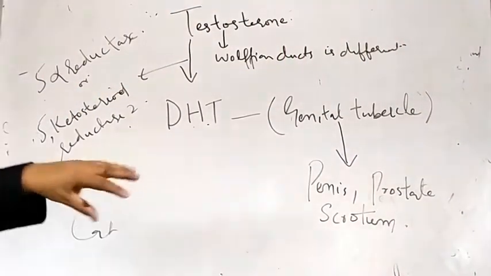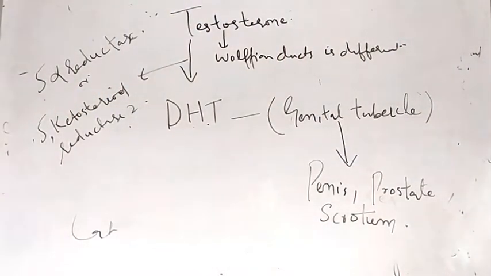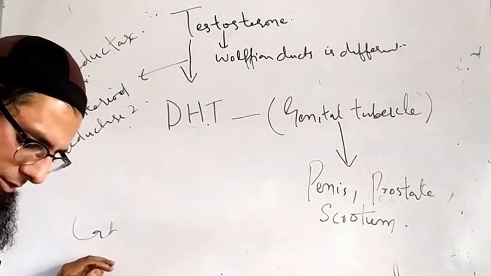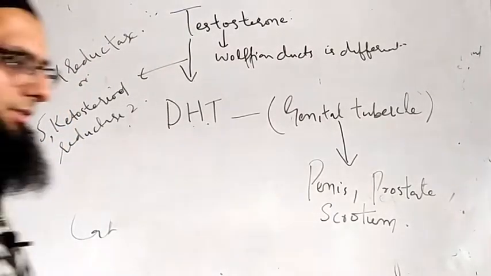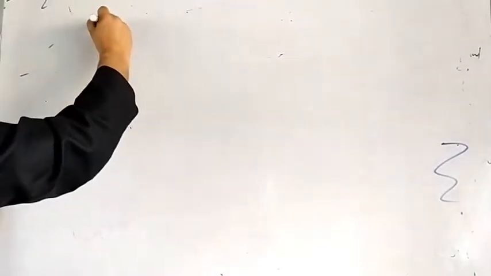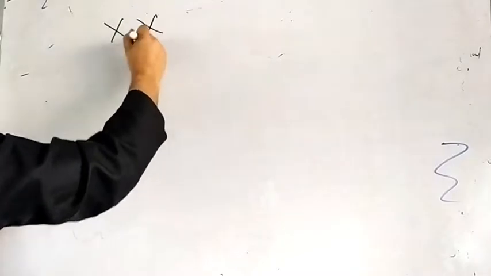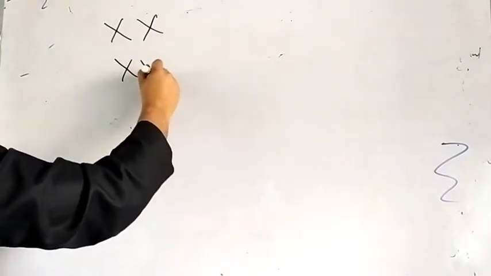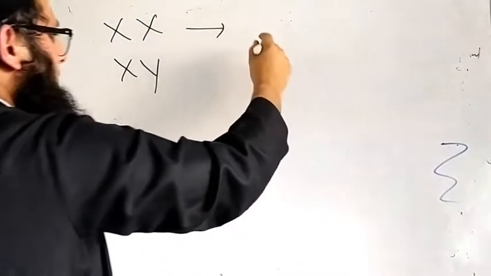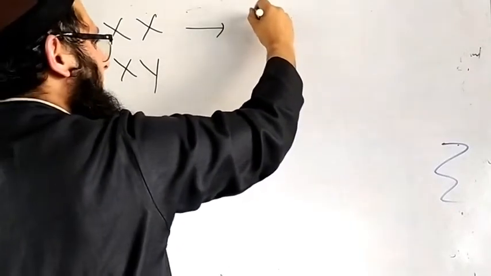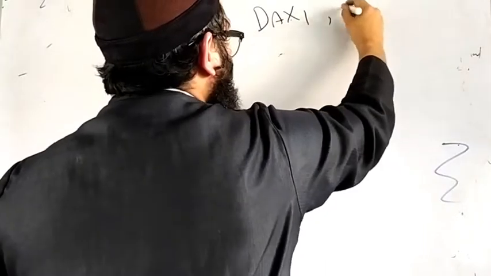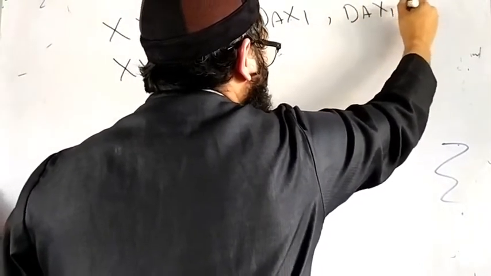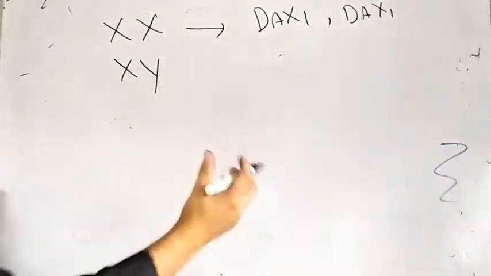This is what happens actually at the embryonic level. But now let's see what happens at the gene level, what genetically happens over there. In case of XX chromosomes, we have got a DAX1 gene on each copy.